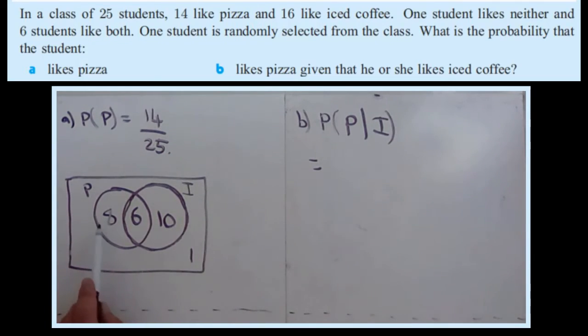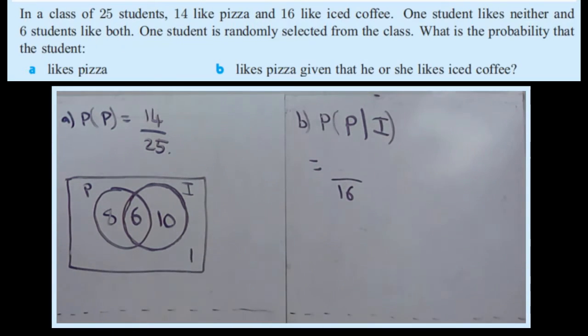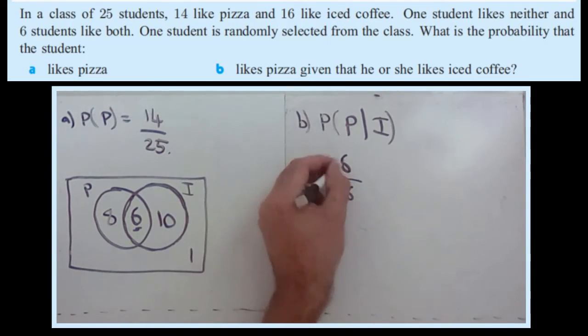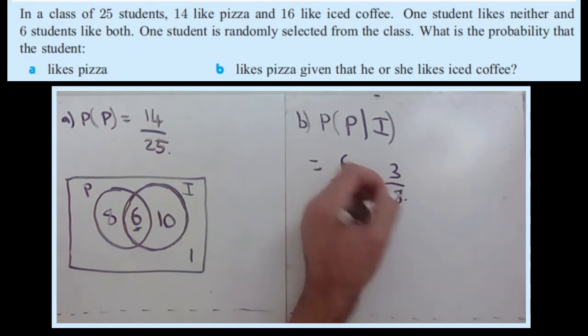So these 8 people don't like iced coffee, and neither does that 1 person. So you know the total number of possible outcomes is 16. And the number of favourable outcomes, so out of these 16, how many actually like pizza? Well, that's 6. 6 over 16, and you could simplify that to 3 over 8.